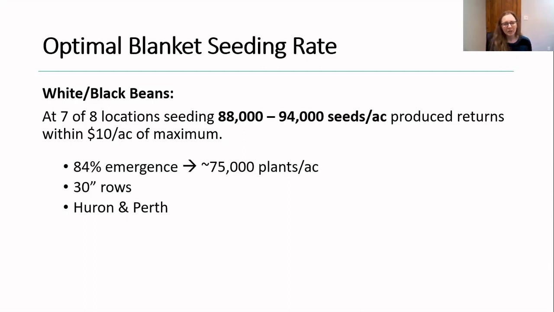But in my opinion, as you move into shorter maturity areas, it's probably less beneficial to start reducing your seeding rate. The lower the seeding rate, the bigger the bean plants, the more branches, and the longer it takes those branches to mature. They'll be green a little longer in the season. And we see this with canola as well. So in shorter maturity areas, you could run into slower maturity.